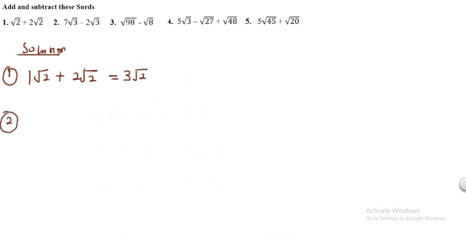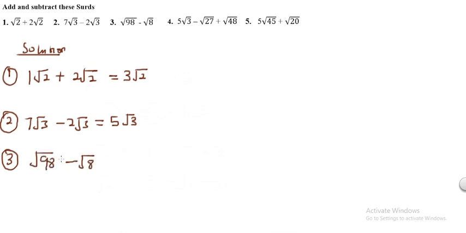For the second example, we have 7 root 3 minus 2 root 3. So this will be 7 minus 2 is 5. We have 5 root 3. For the next example, we are told to do root 98 minus root 8. Now, if you notice, the roots do not have the same number, but we can simplify these roots further.